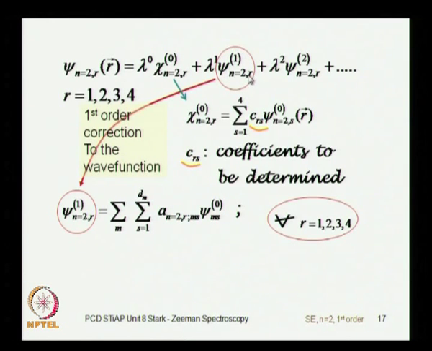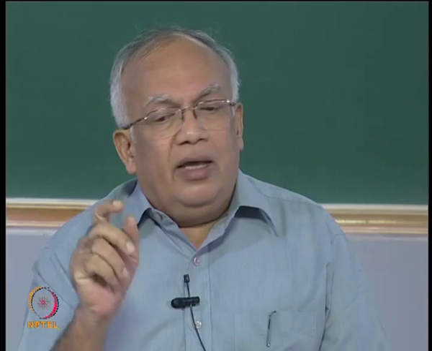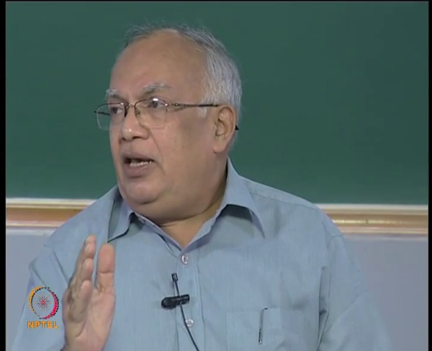The first order wave function, because of the perturbation theory, we expect it to be written as a superposition of all the unperturbed states, otherwise the perturbation theory will not work. The perturbation theory works because of our contention that the perturbation is expressible in terms of a superposition of the unperturbed states.